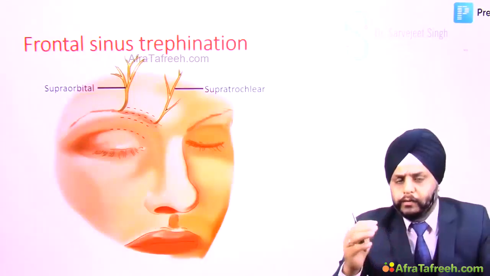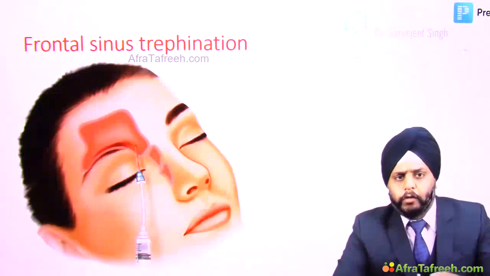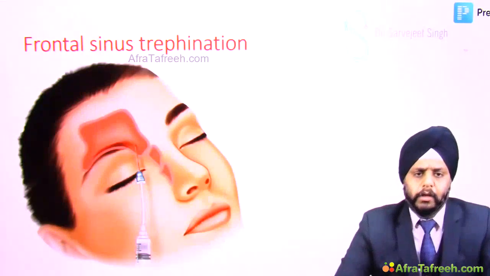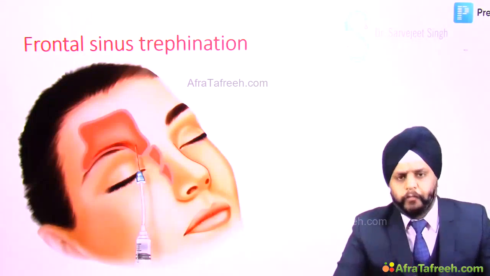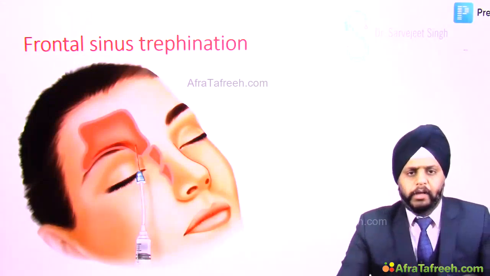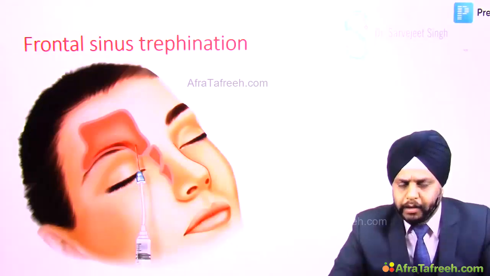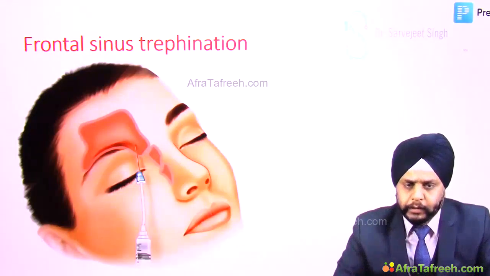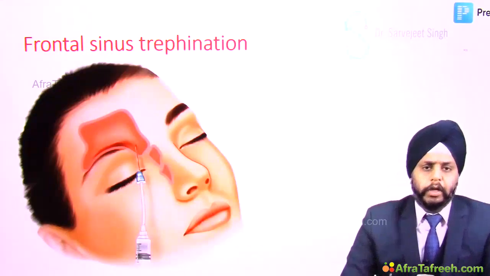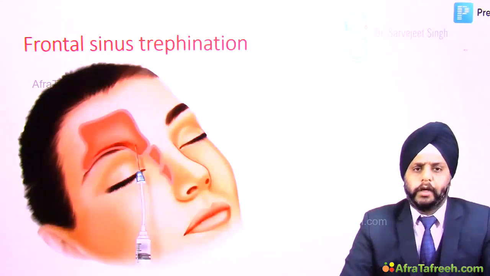So as to open the frontal sinus. Now, what is the advantage of opening this frontal sinus? Number one, you can use it simply to drain it, simply to flush it, to wash it. Sometimes you are doing surgery from inside, an endoscopic surgery, and you are not able to find the frontal sinus. I'm just giving you one example. Because of so many cells, you are confused and not able to find the frontal sinus opening.